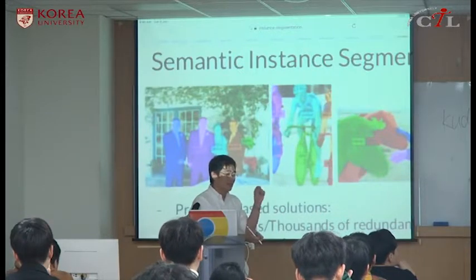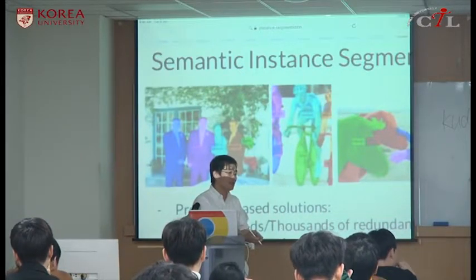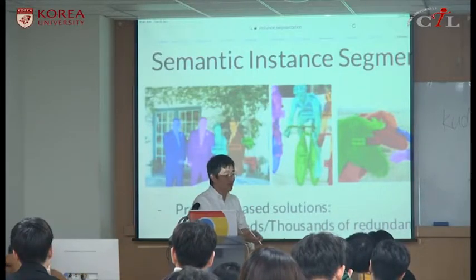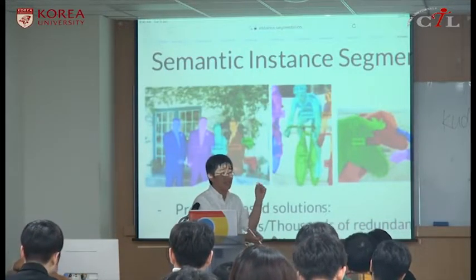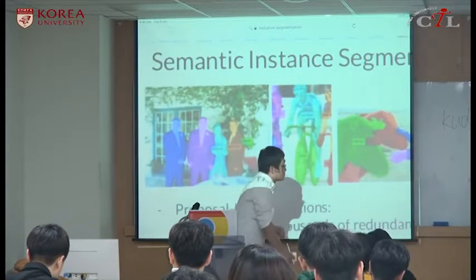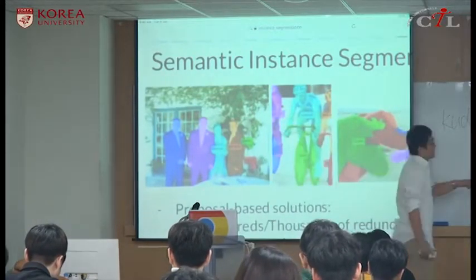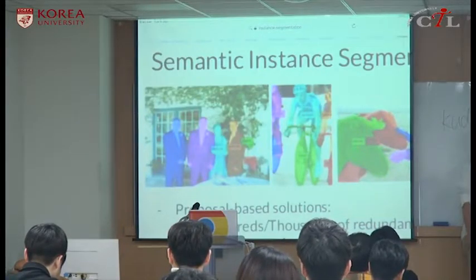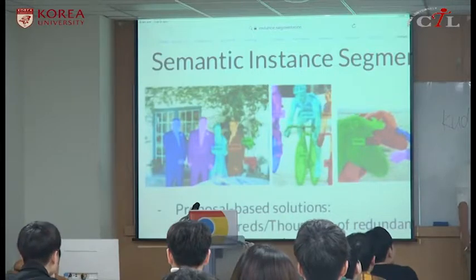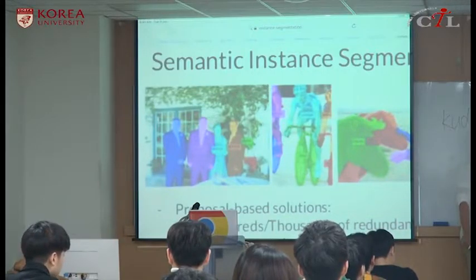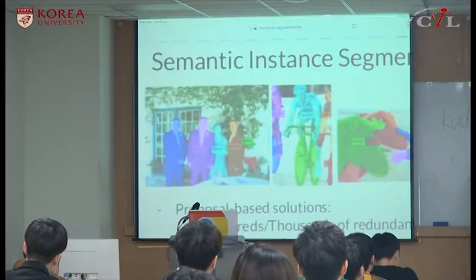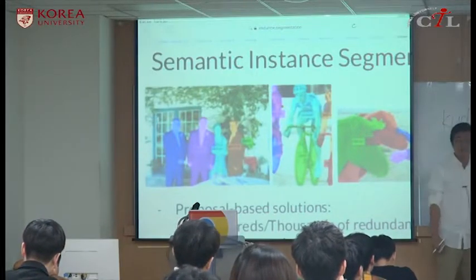And deciding the location of a particular person can be done in detail at the pixel level. In this case, for the first person, all these pixels are colored blue, corresponding to this first person, and those pixels correspond to the second person, right?